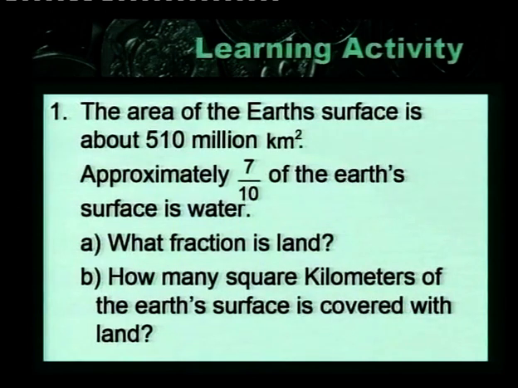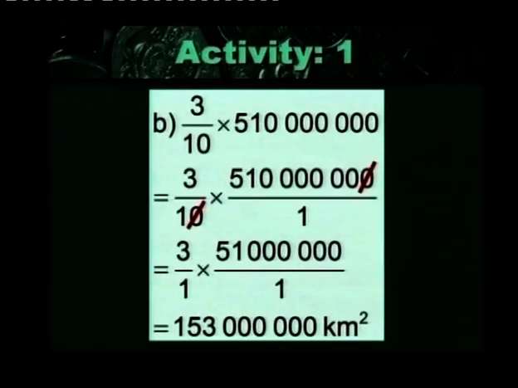We were asked to find how much was the land which was not covered by water. And up on the screen you could see the working out for the answer, 3/10 times 510 million.